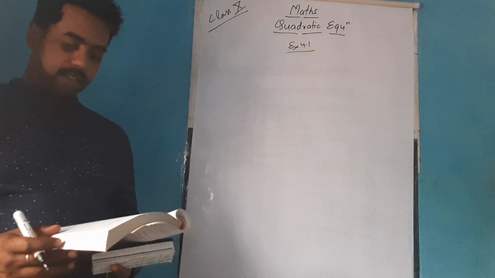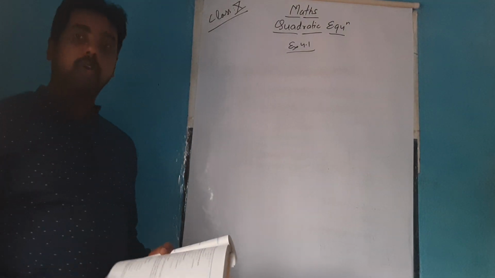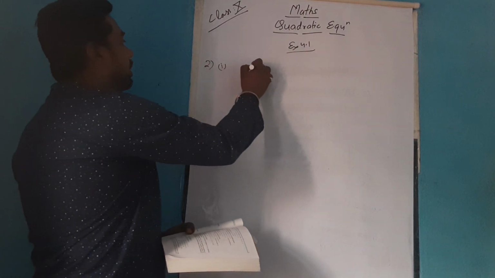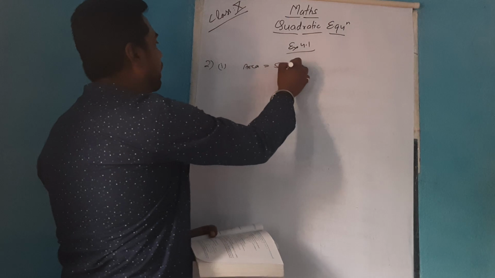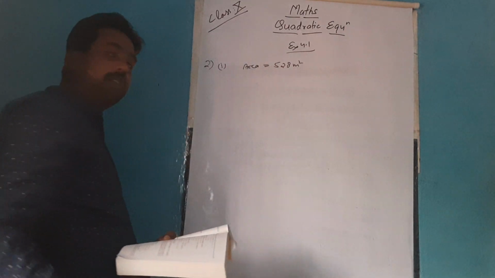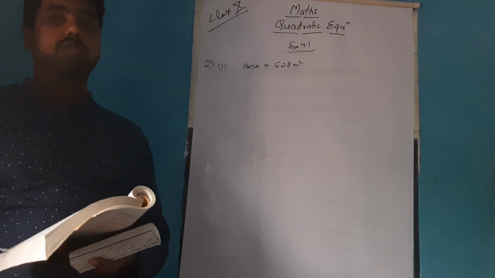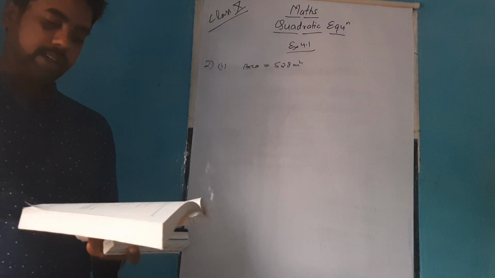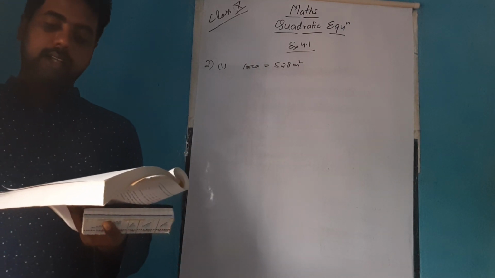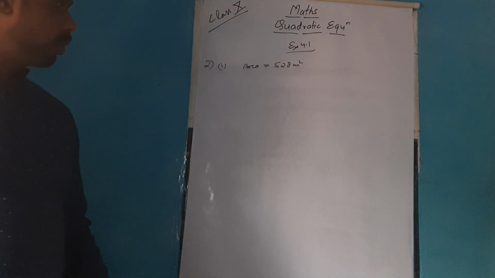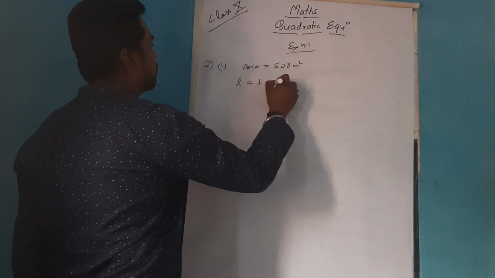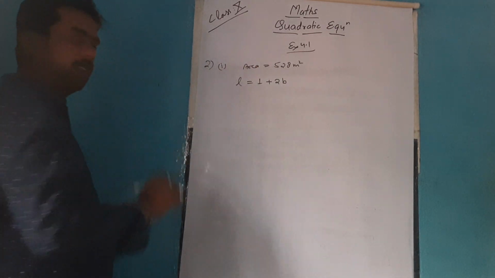First it says the area of a rectangular plot is 528. So first we write the data: the area is 528 meters square and it is a rectangular plot. It means we use the area formula, length into breadth. And it's given that the length of the plot is 1 more than twice the breadth.